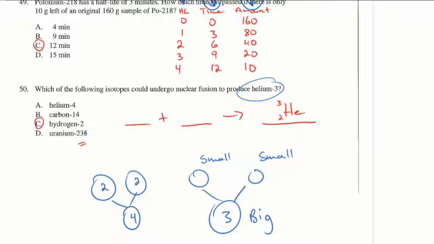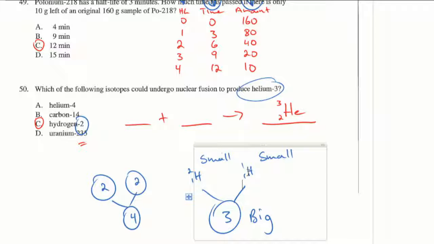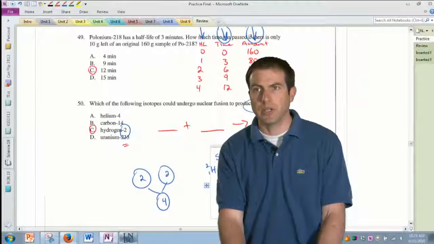The only thing that's smaller than 3 is hydrogen-2. So in this case, I would have hydrogen-2 and I guess a neutron, or maybe just hydrogen. So deuterium and just regular hydrogen combining together. Everything else is just too big. So that was kind of an interesting type question, but there you go.